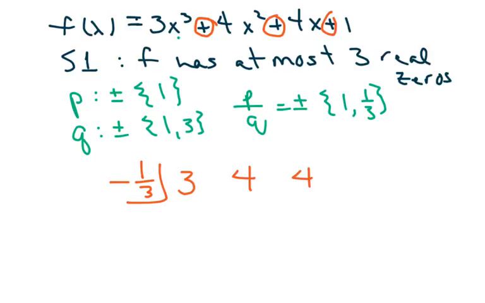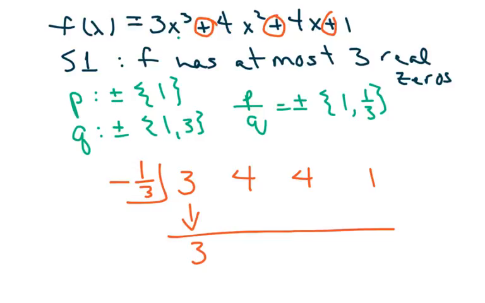4, 4, 1. Now you think that fractions are hard to do, but they're really not. So don't be scared of them. If you don't have to use them, don't. But I'm going to bring down the 3. So all you're saying is, what is 1/3 of 3? You take a third of $3, that's $1.